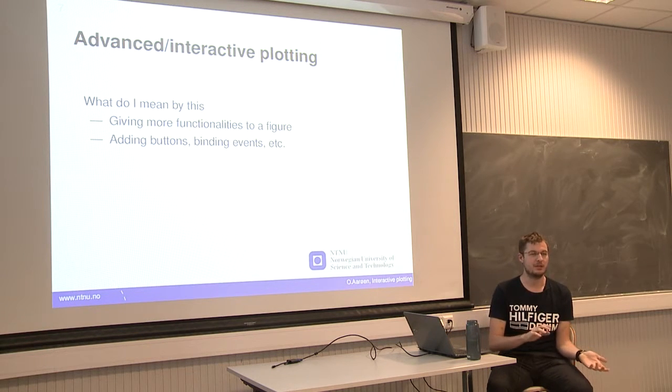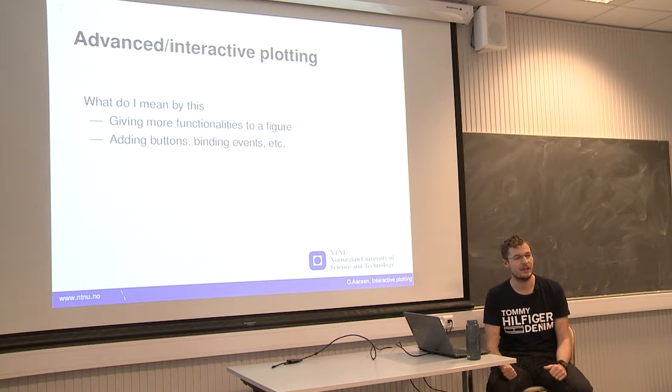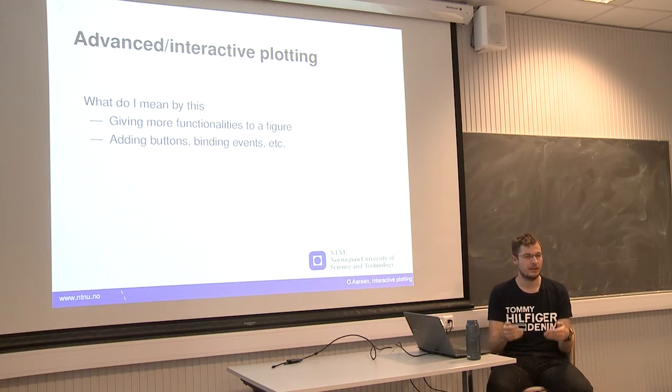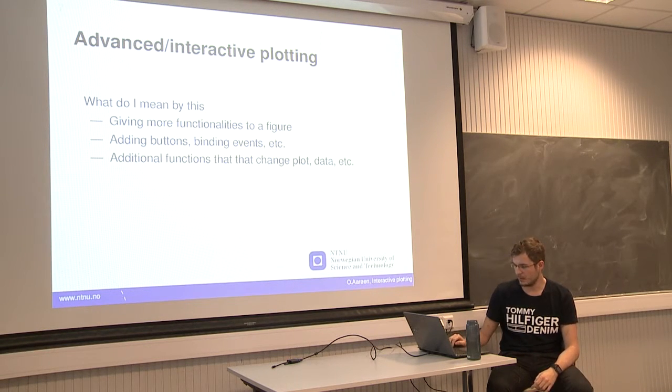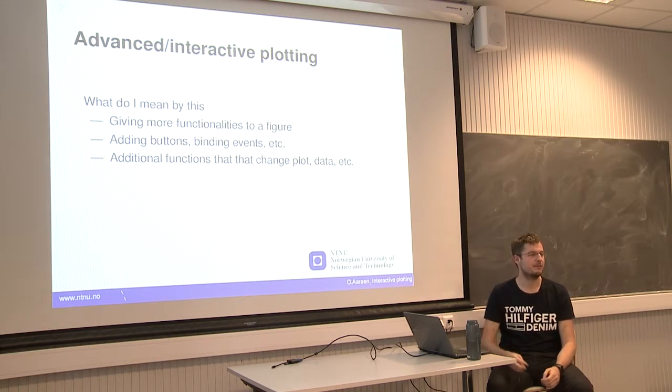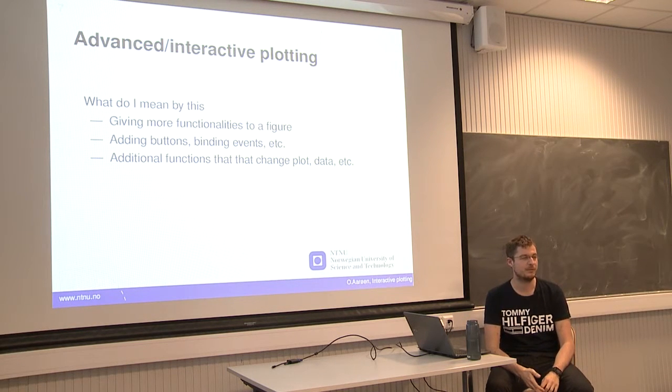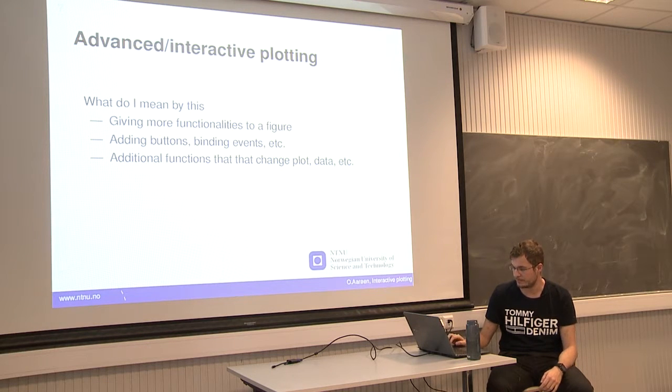So you'll be adding buttons, you'll be connecting events to certain functions, etc. And then when you load your data and put it all into this, you can operate your figure a bit more than just showing it or saving it. You can also have functions that will change your data, or, as I said, calculate analytical derivatives, or I'll show later some regression lines and such.